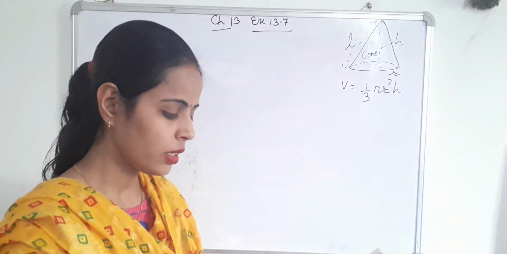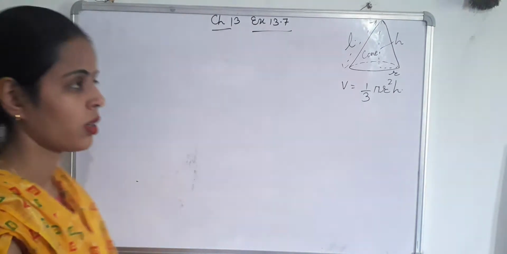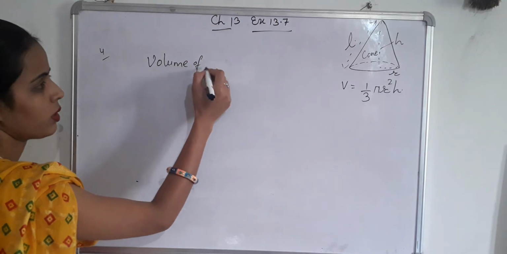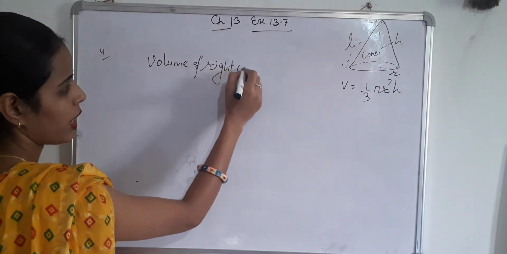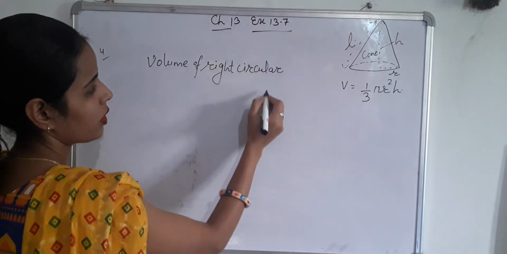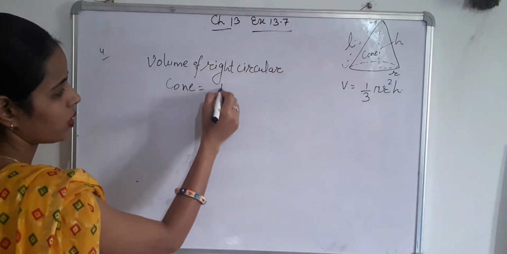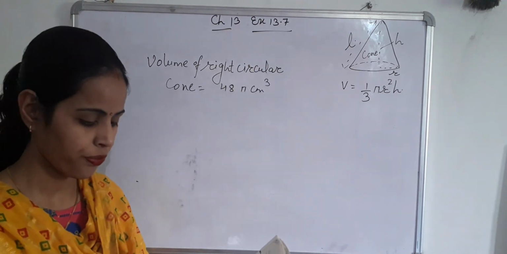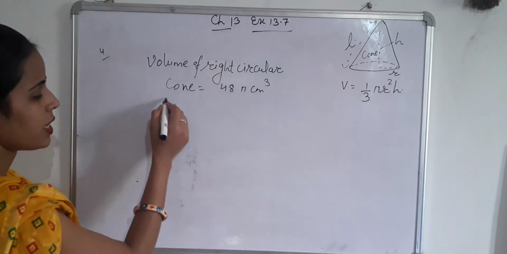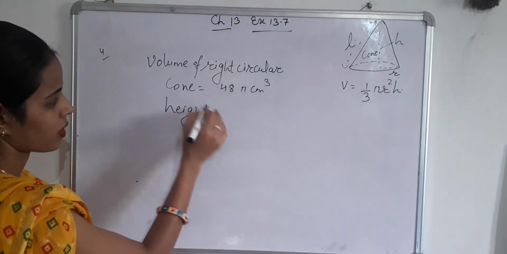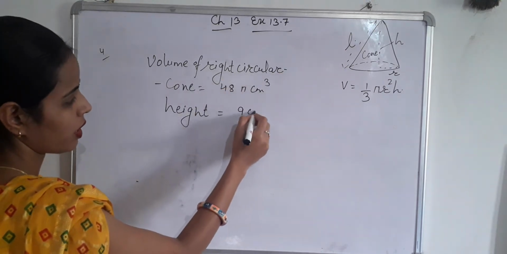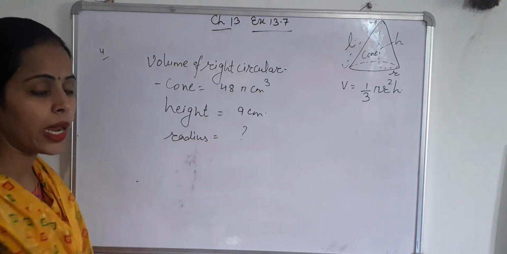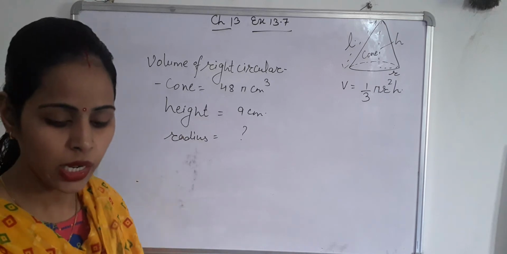Question number 4 is that if the volume of a right circular cone equals 48 pi centimeter cube, height equals 9 centimeter, find the diameter of its base. First find its radius. With the help of radius find diameter.